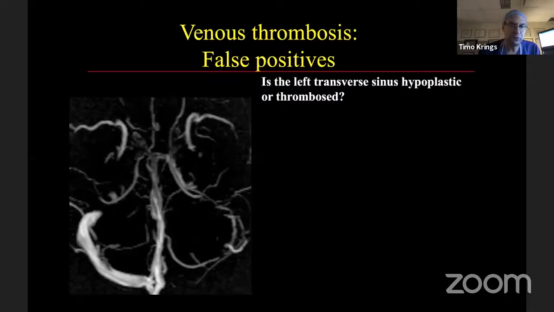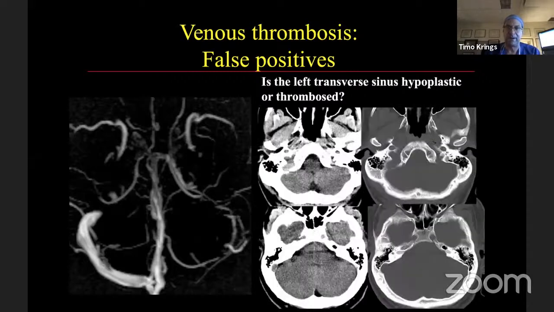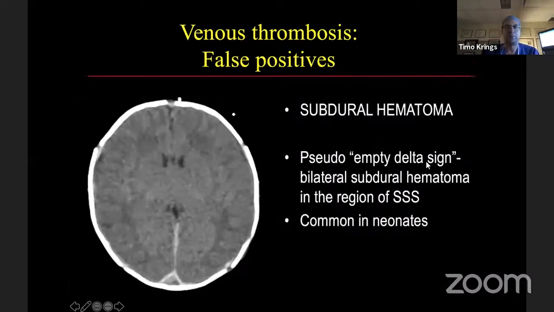And in order for you to make this diagnosis, I strongly encourage you to look at the CT and look for the size of your jugular bulb. If you see that your jugular bulb on the ipsilateral side is very small, then your transverse sinus is likely to be hypoplastic. And here is another example where you can see very nicely that this patient's jugular bulb was hypoplastic.